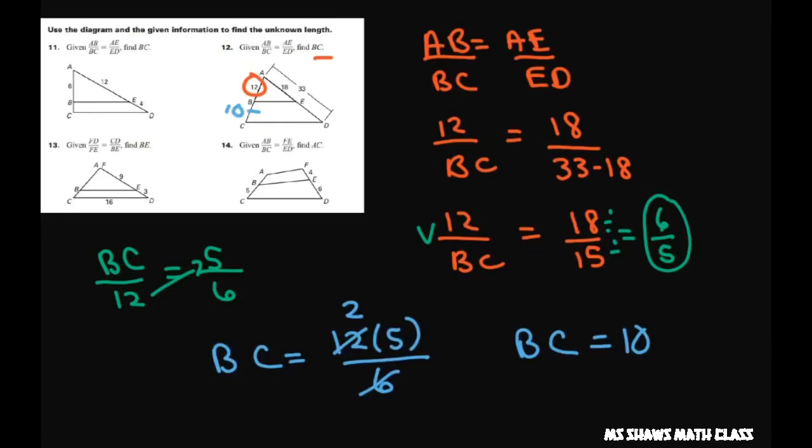All right. And the next one, we have FD divided by FE equals CD divided by BE. And BE we don't know. We're trying to find BE.